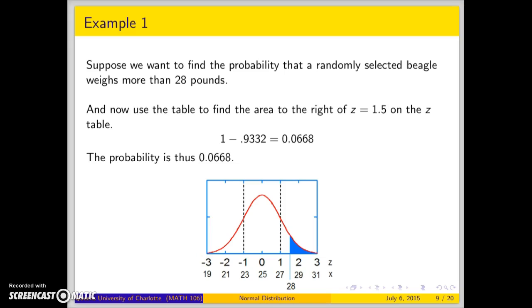So the probability that you randomly select a beagle that weighs more than 28 pounds would be 0.0668. Another way of saying that is 6.68% of all beagles weigh more than 28 pounds.